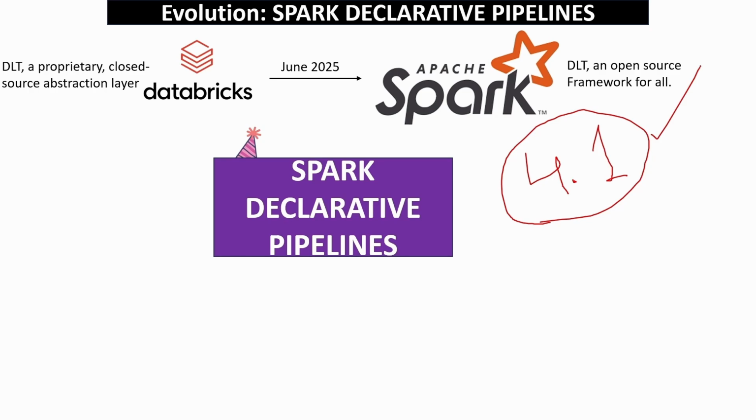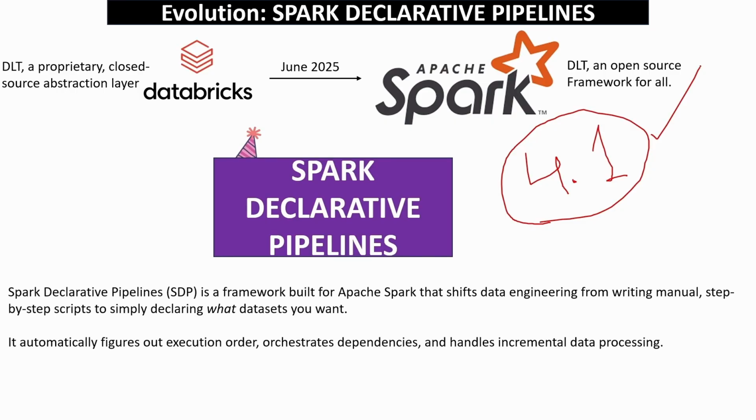Now let's focus back and understand the Spark Declarative Pipelines definition. If I print it on your screen, you can see that it is very similar to the DLT framework definition. Let's read this. Spark Declarative Pipelines is a framework built for Apache Spark that shifts data engineering from writing manual step-by-step scripts to simply declaring what datasets you want.